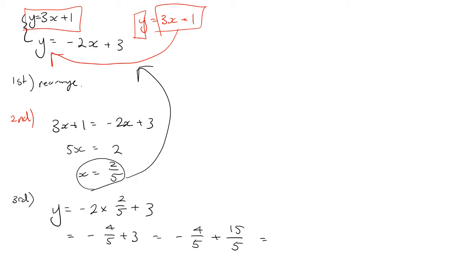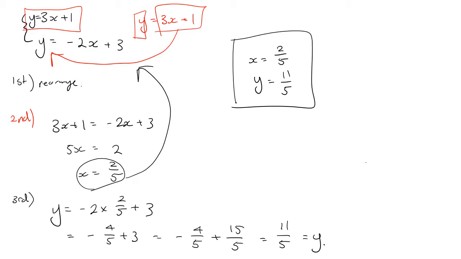Okay, so add the fractions. That'll be 11 on 5. So that is y. So the solution to our simultaneous equations are x equals 2 on 5 and y equals 11 on 5. So that's substitution. Now we'll have a look at elimination.